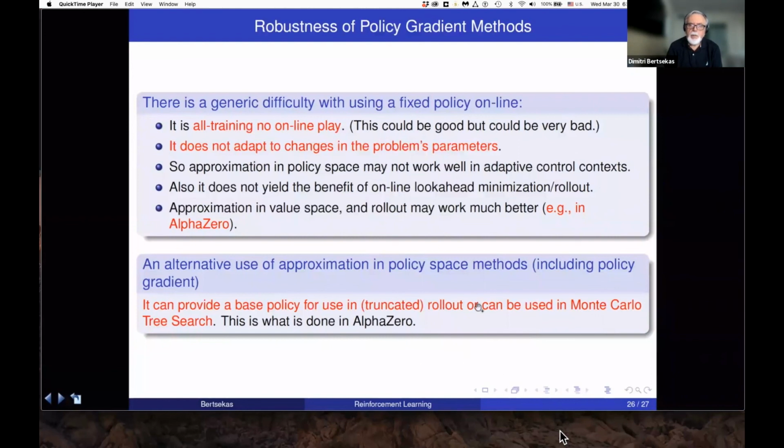So this kind of argument makes the case that you should be looking at approximation in value space and integrate approximation in policy space as you need to facilitate the implementation of the value space method. Okay, are there any questions here?